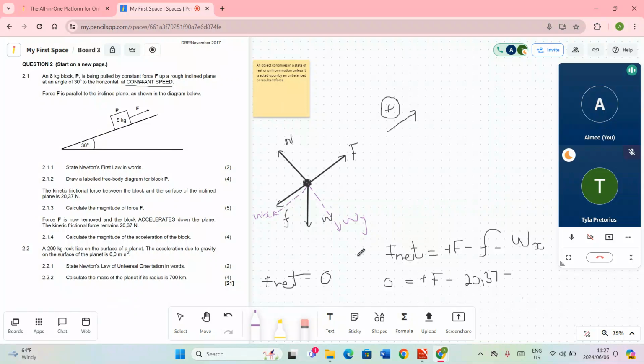Any additional information on your free body diagram and you'll get 0. So we say, so weight X, weight Y. We move one of our arrows.